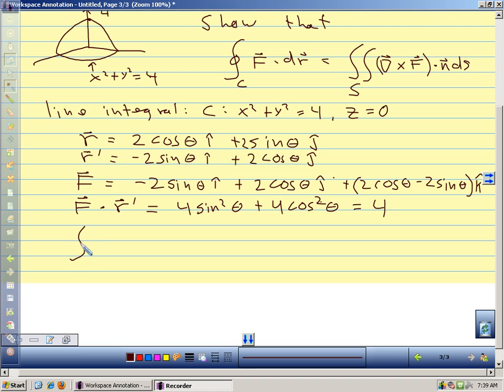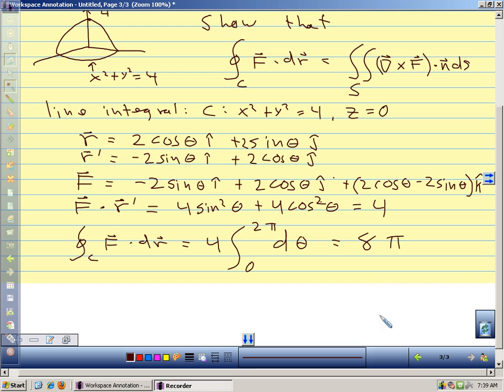So our integral around our closed curve of F dot dr is the integral from 0 to 2 pi, and we just get 4 d theta, because our F dot dr is just 4 d theta. So we get 8 pi.